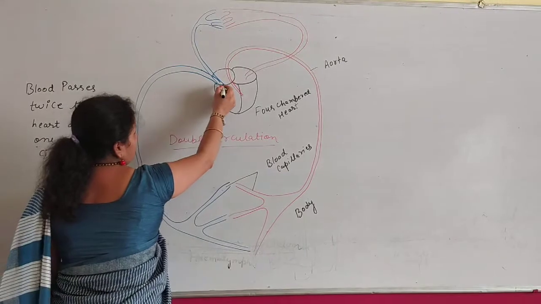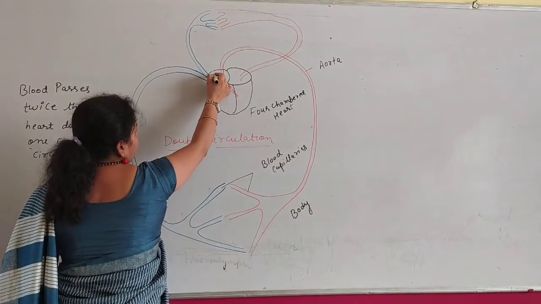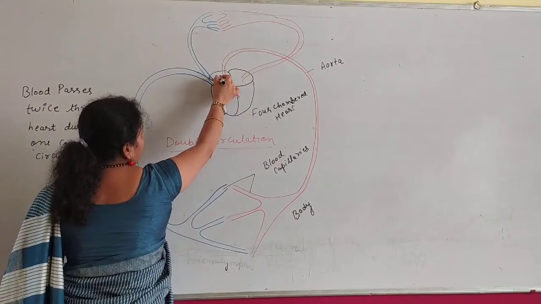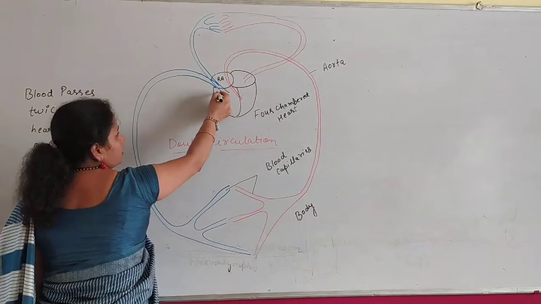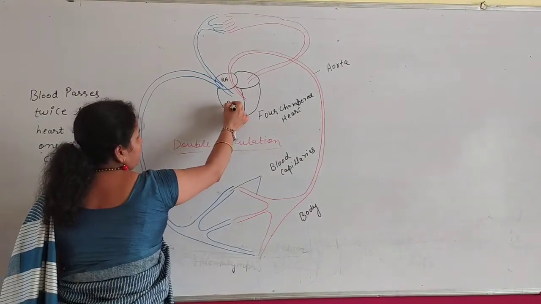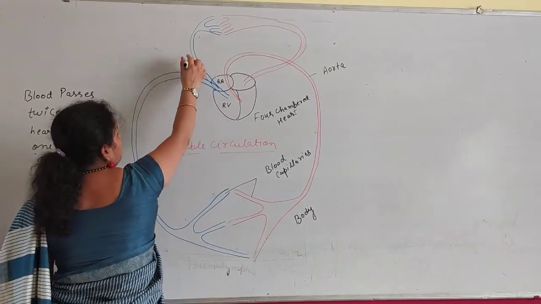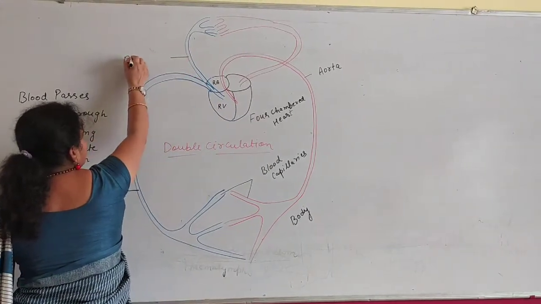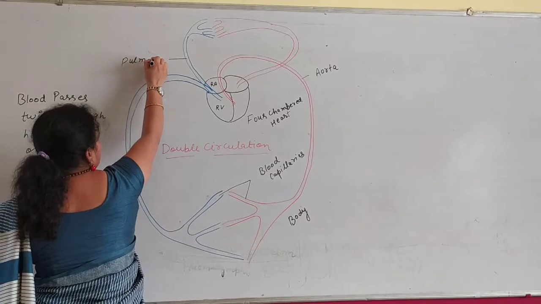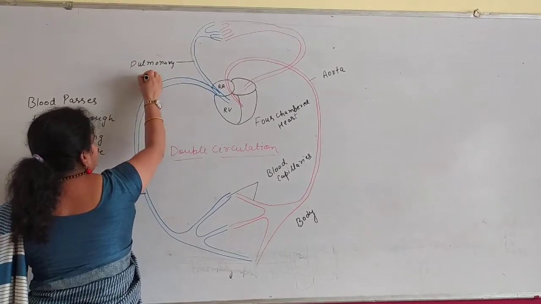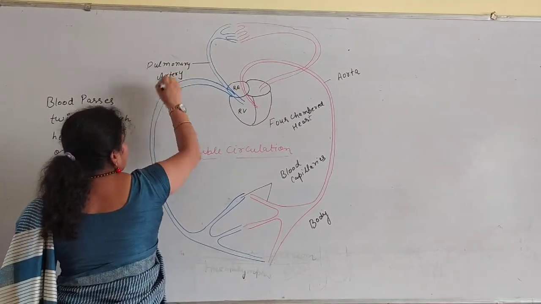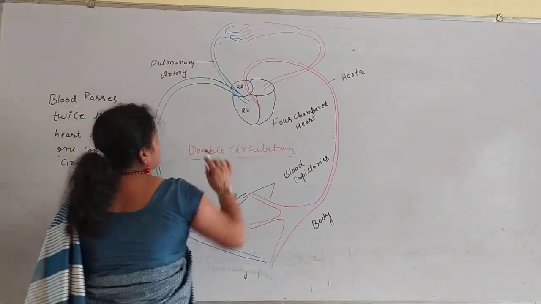The vena cava then transfers the blood to the right auricle. From the right auricle it goes to the right ventricle. From the right ventricle, the pulmonary artery supplies the blood to the lungs.